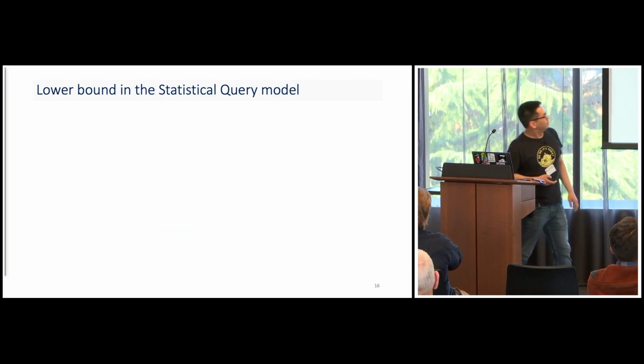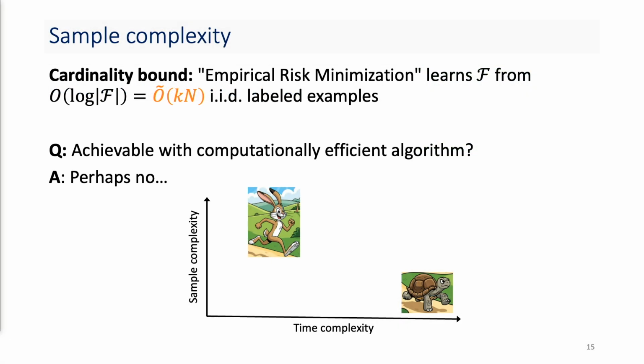So we have what's called a computational-statistical gap: to achieve this sample complexity of just k times n, the only algorithm we know is to enumerate all functions and try them all. So it's very slow, with a very large time complexity, and every efficient algorithm we could think of for doing better than brute force search would need a much higher sample complexity.